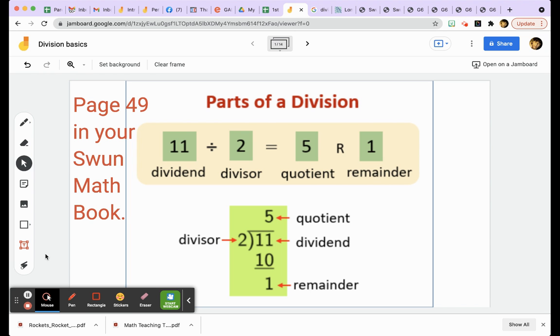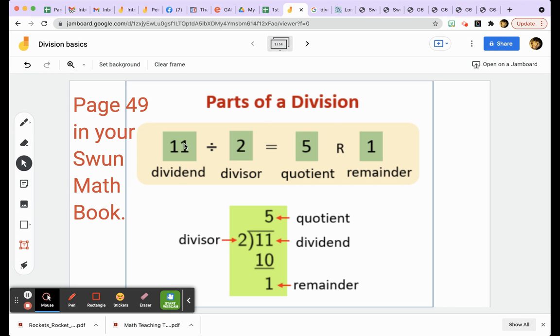Yesterday, you had an introduction to division. Today, we're going to go a little bit further and we're going to learn about two different methods to use when dividing whole numbers. Just as a review, let's look at the parts of division that you looked at yesterday.